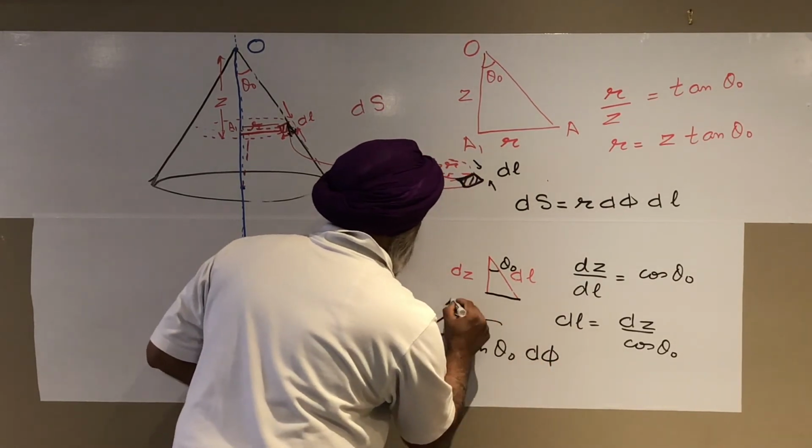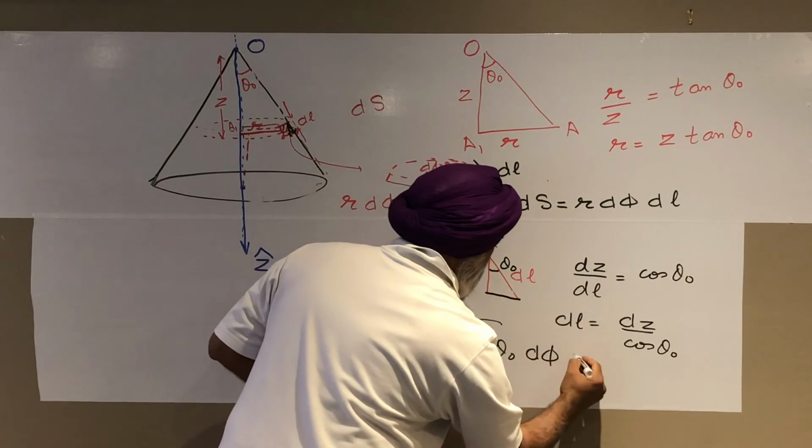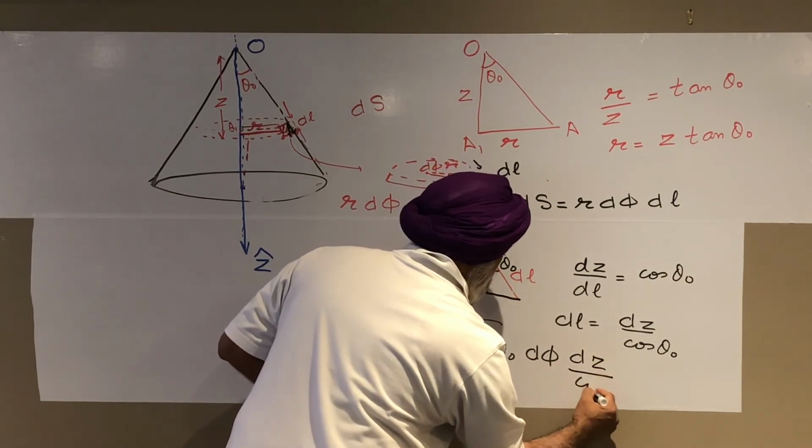This term is nothing but r multiplied by dl, which is dz by cos theta naught.